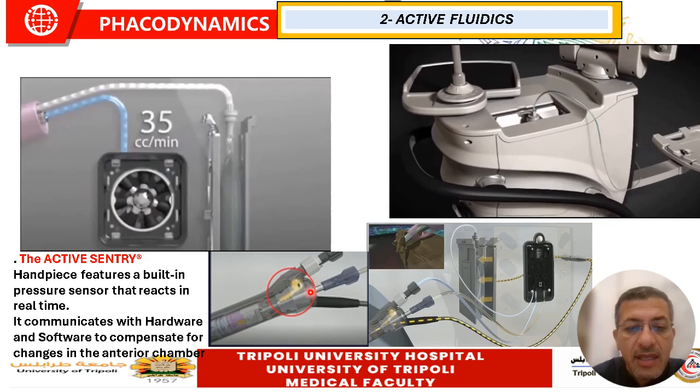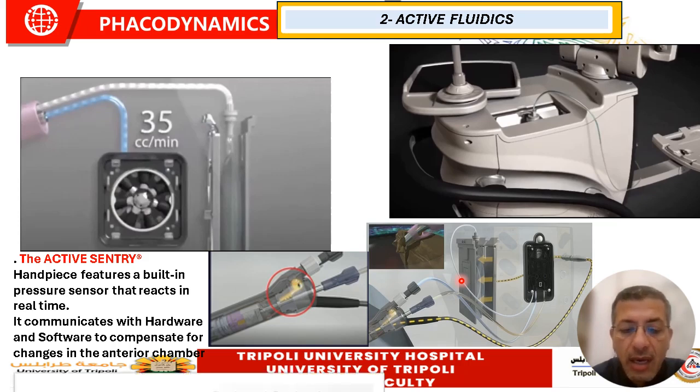And this is the active Sentry, which is a built-in sensor within the handpiece. This is the active Sentry handpiece, so that it does the same thing. So during the whole stage of the operation, you can set a target intraocular pressure.